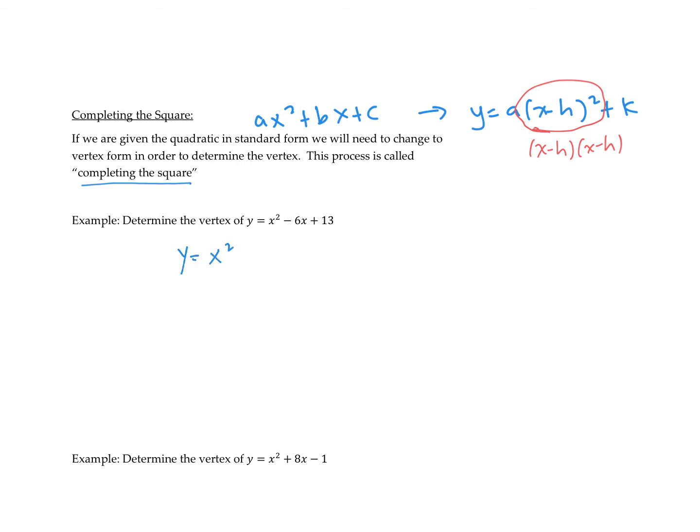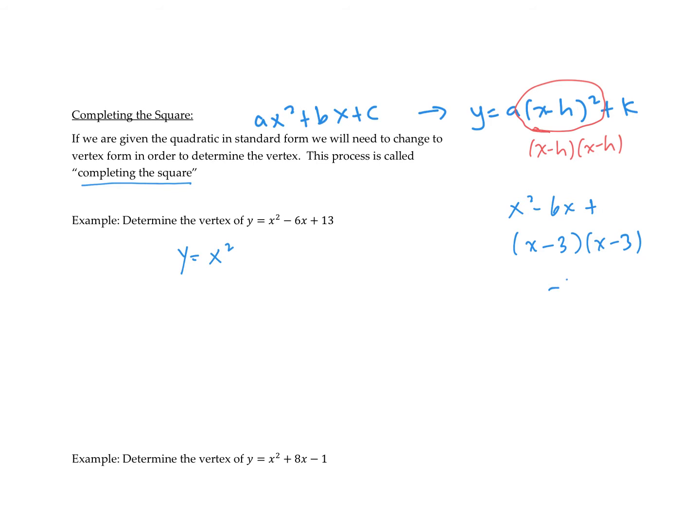if I had x squared minus 6x, and I wanted to factor that so that I get two factors that are exactly the same, then they would both have to be negative 3, because negative 3 plus negative 3 is negative 6.